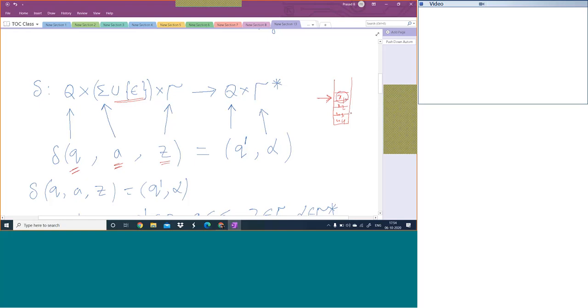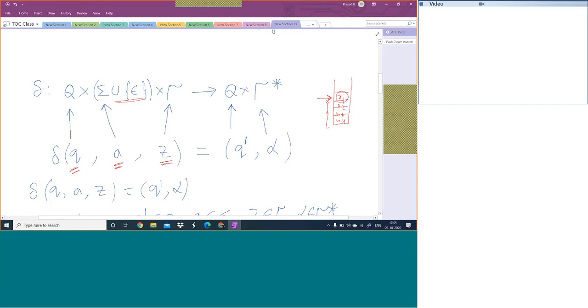So when x1 is the top symbol, it cannot take any of these three symbols in this particular transaction. So every time the PDA takes only the topmost symbol. Let Z be the topmost symbol. So in every transaction, the PDA takes the state, the input symbol, and the topmost symbol from the stack.